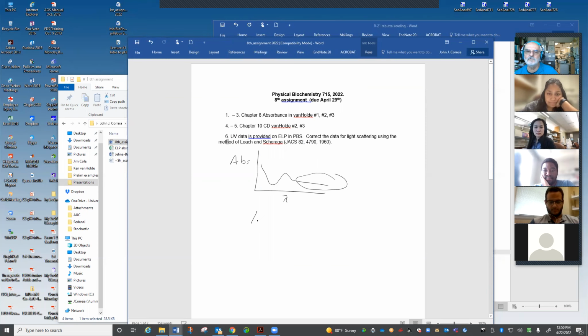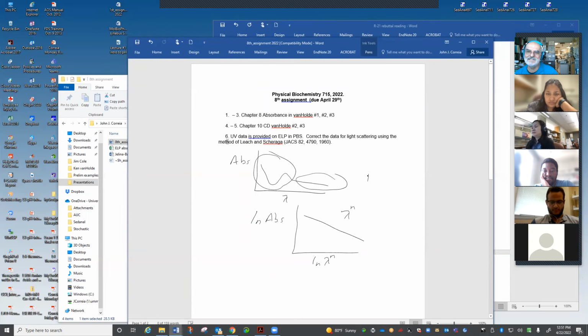What you have to do is plot this as the natural log of absorbance versus the natural log of wavelength. This part of the curve will look a little funky because you're taking the logarithm where you have an absorption band. But the part of the curve out here will, in principle, give you a straight line, and the slope gives you the wavelength dependence, n.